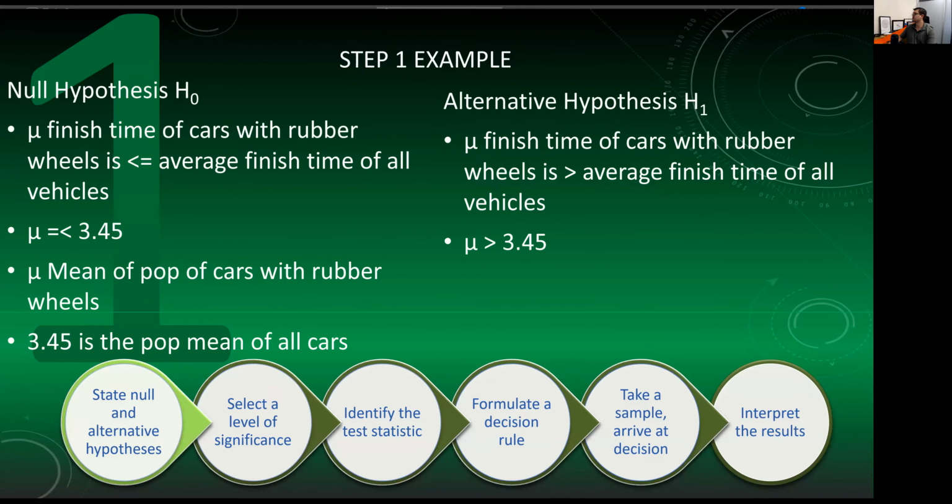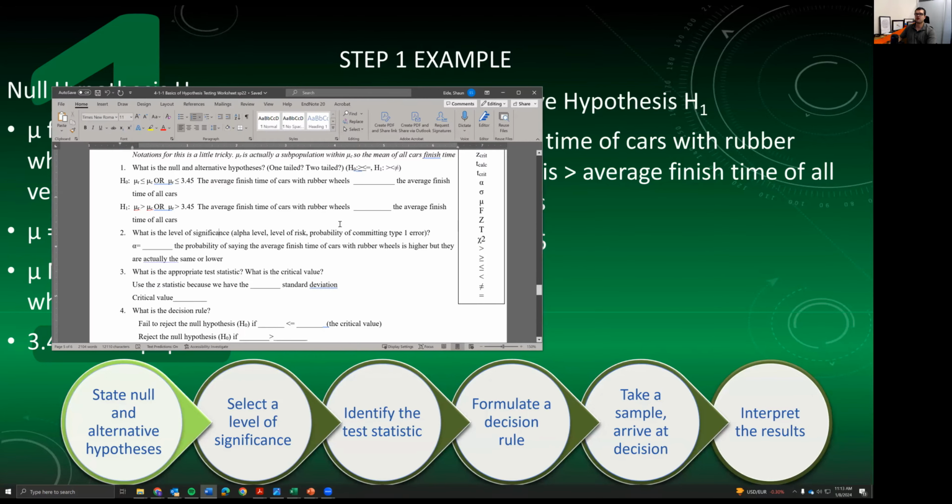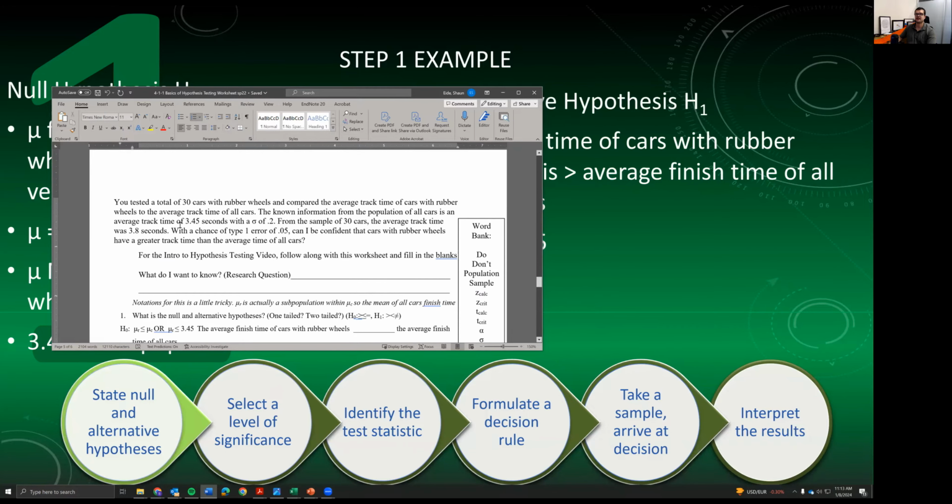And so what is 3.45? 3.45, if you look at the prompt right here, we've got the average track time. You test a total of 30 cars with rubber wheels with the average track time. The known information from the population of all cars is that the average track time of 3.45 seconds with a population standard deviation of 0.2.